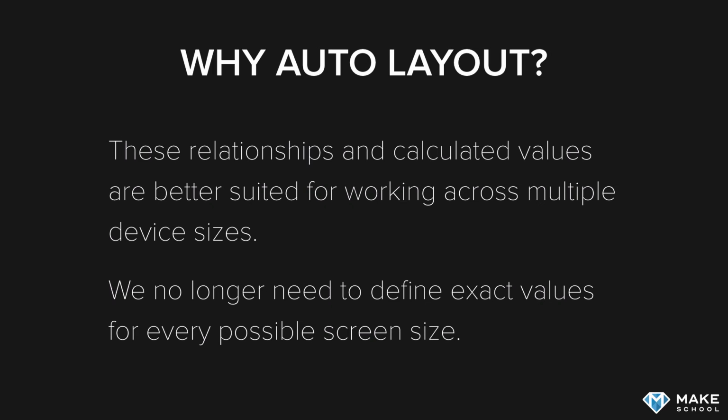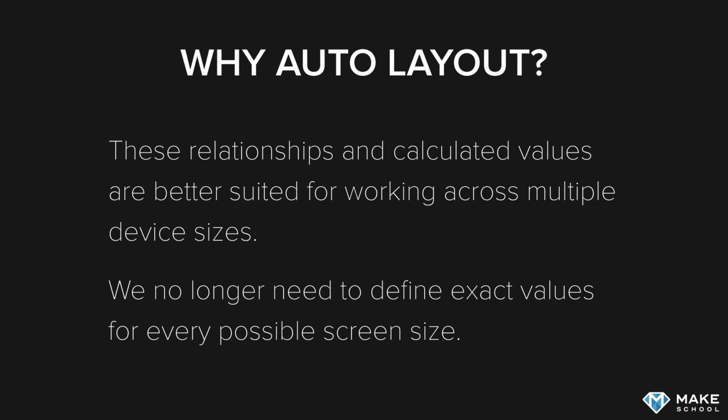So, why auto layout? The main difference between auto layout and the other options that were predominantly used before auto layout was included in Xcode is that auto layout allows you to be more flexible. The relationships and calculated values are better suited for working across multiple device sizes. It used to be true that there were a limited number of Apple products, and if you were designing for an iPhone, you were designing for one size.